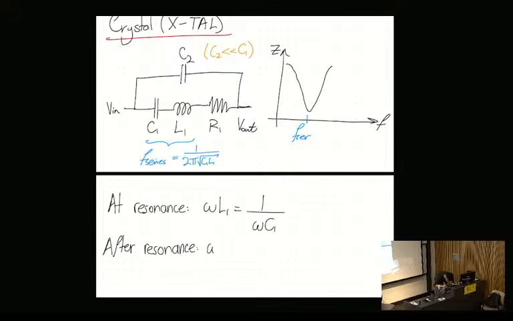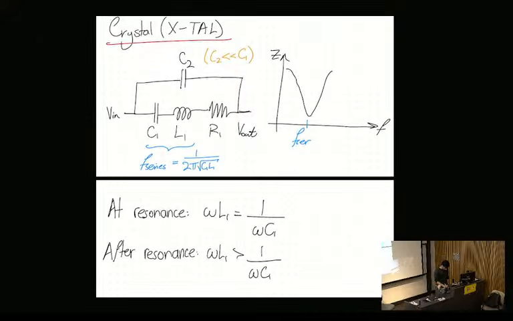That's purely by the maths of looking at it. On one side you have a fraction, on the other side you have a straight linear increase. So this entire thing becomes mostly inductive. The capacitive part is mostly ignored at higher frequencies. This inductive relationship interacts with this parallel capacitor and gives us another resonance that sits up here, which I'll denote as F parallel.